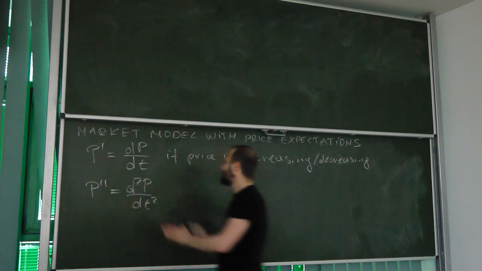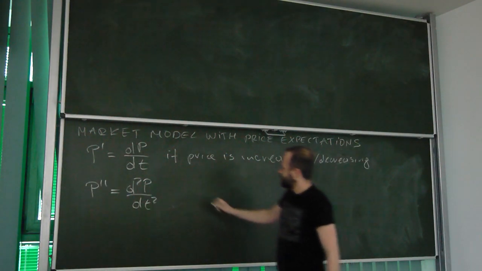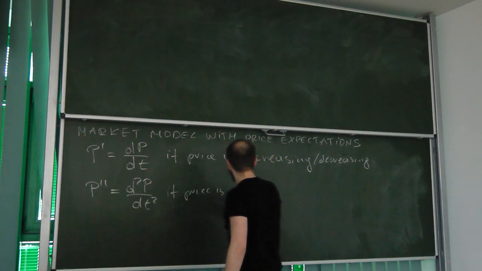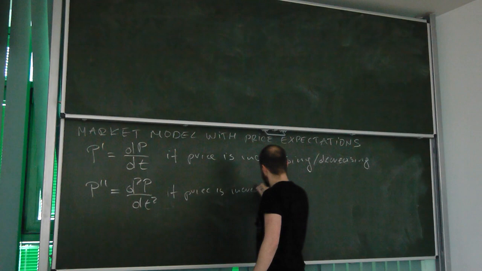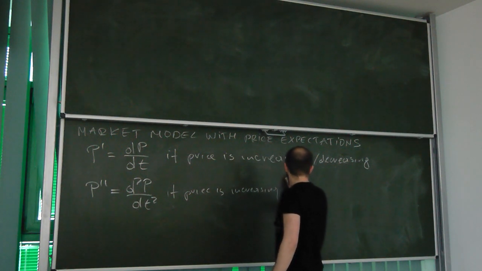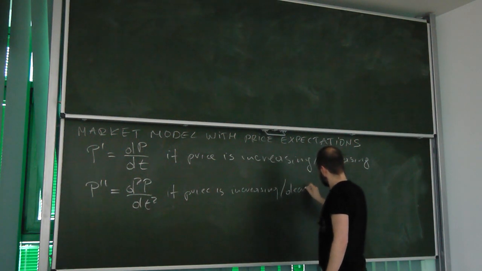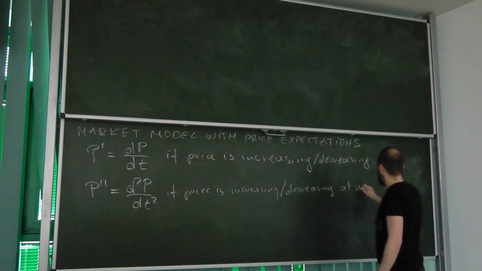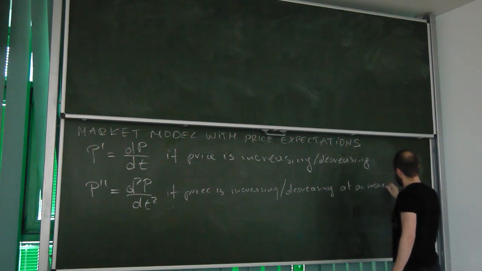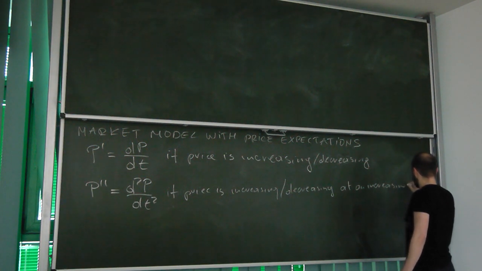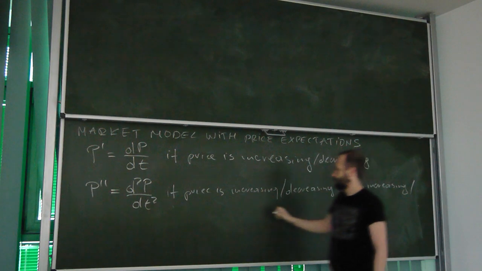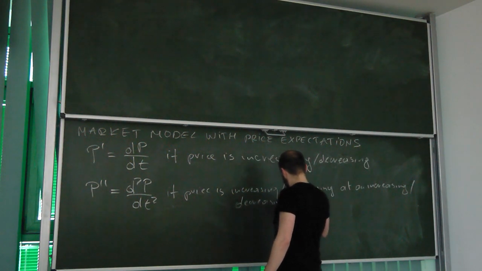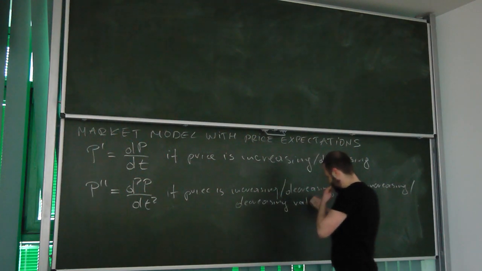So the second derivative is going to tell us if price is increasing or decreasing at an increasing or decreasing rate.